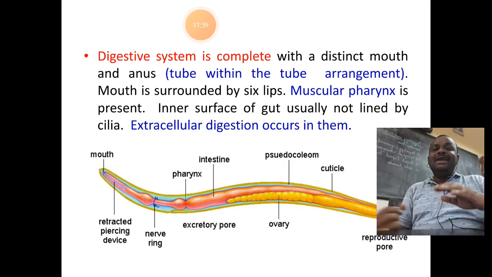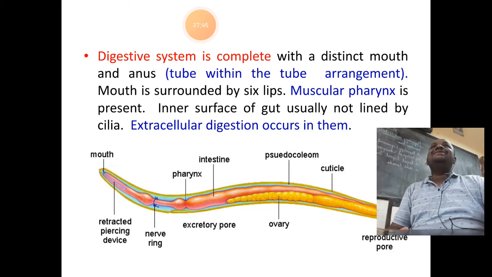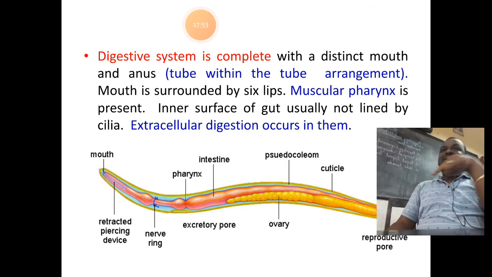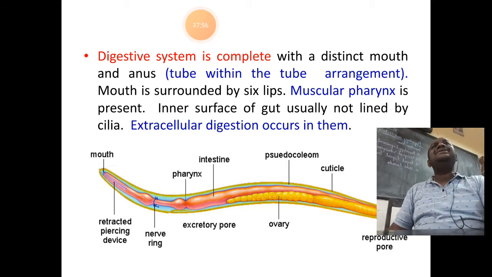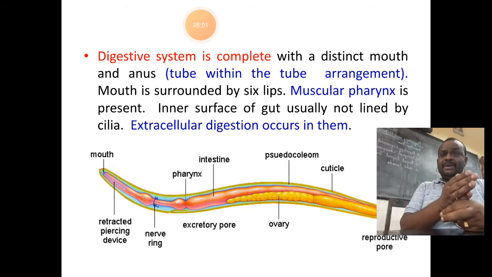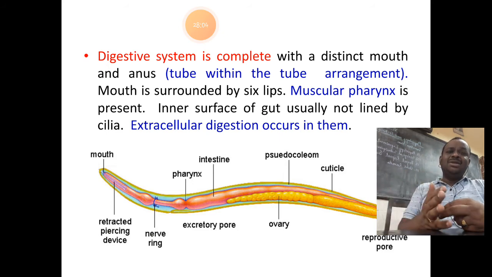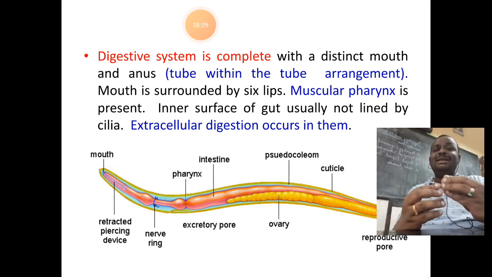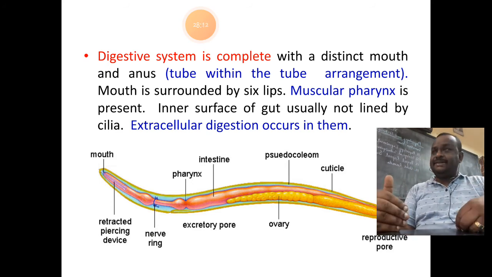Students, remember, the intestine or the gut of the organism shows a non-ciliated epithelial lining inside. Generally, the ciliated lining of the epithelium inside the gut helps in two important functions. One is the movement of the food of digestion. The second is that it also helps in absorption. So, here the gut is non-ciliated. As we know, most of these organisms directly feed on digested food.